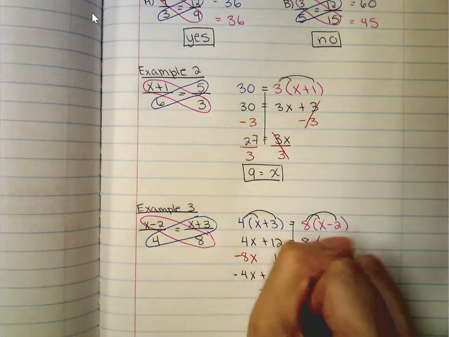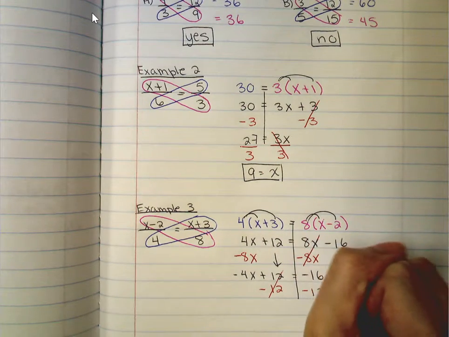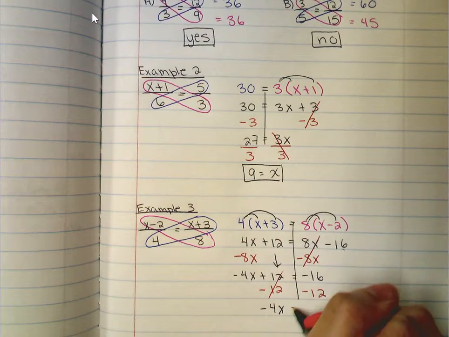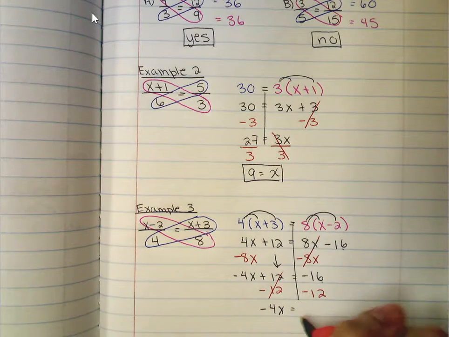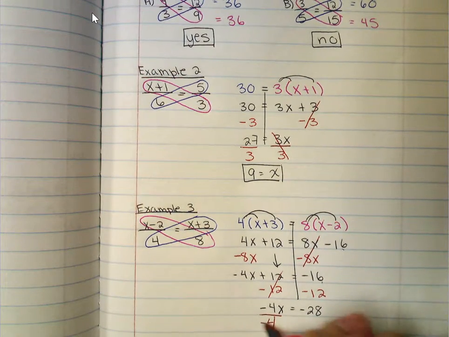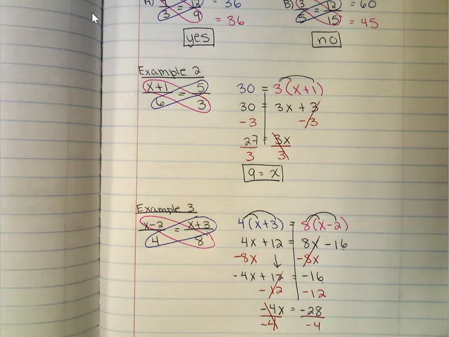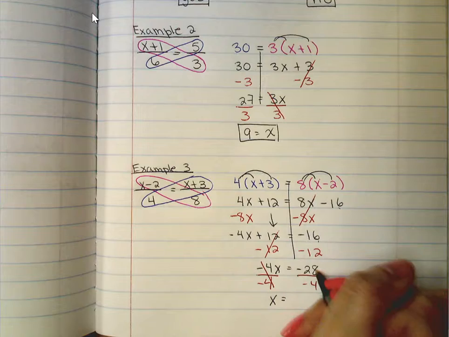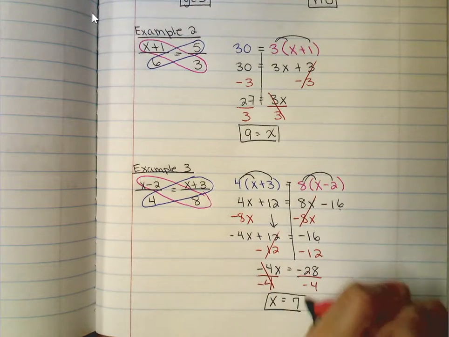So I'm going to do minus 12. Negative 16 minus 12, that's negative 28. And then to get rid of that negative 4, I divide by negative 4 on both sides. And so my answer is positive 7.